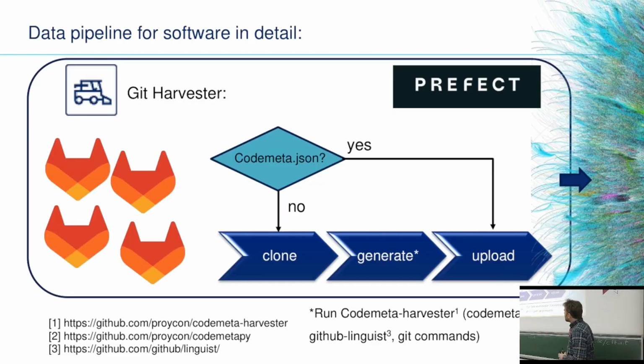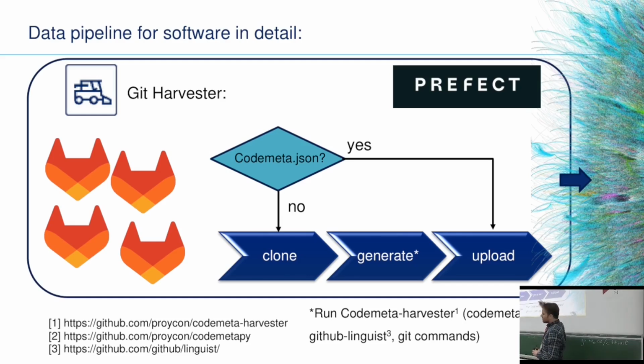Now to the details of the data pipeline with respect to software. We have a data pipeline set up. We use Prefect as a workflow manager, and we have a Git harvester which goes to the API of all these GitLab instances, gets all the publicly available projects, and then checks if it can find the codemeta.json, because that is schema.org metadata, which is what we currently require.